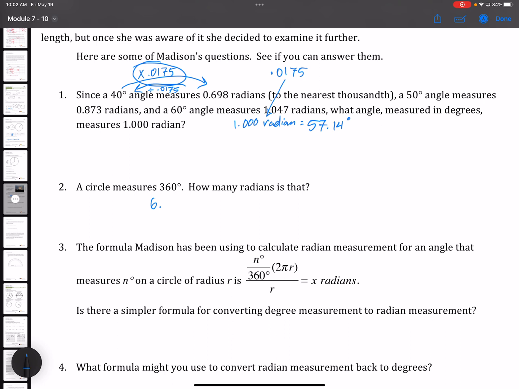It's exactly 6.3. All right. That's not the number I was hoping for, but it's close to the number I was hoping for.